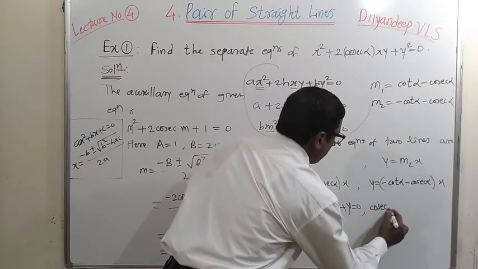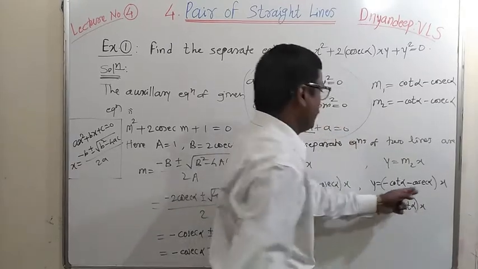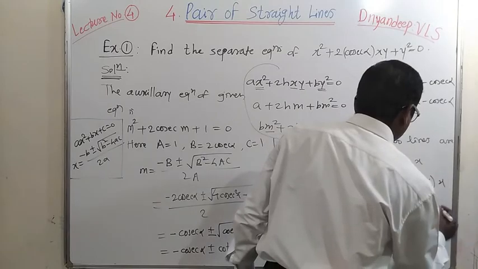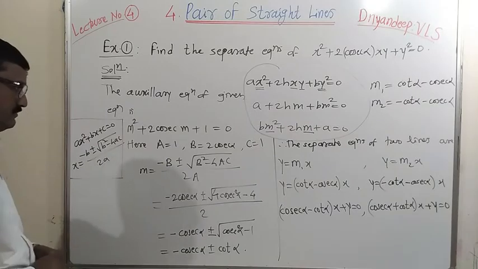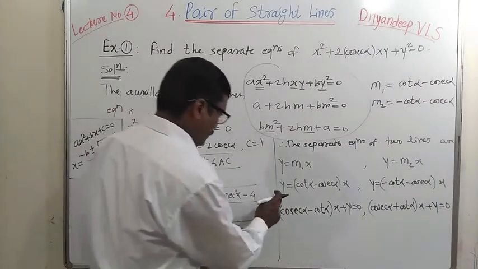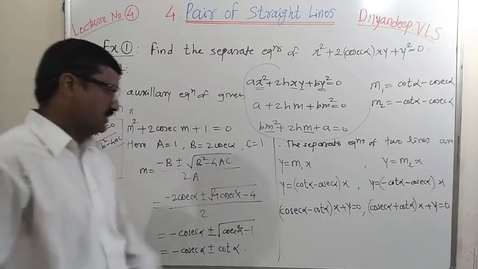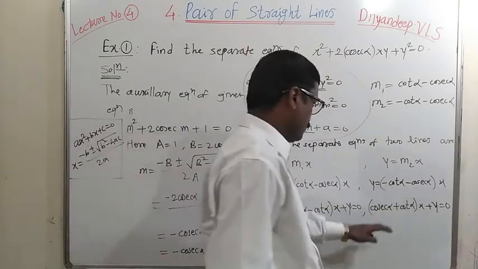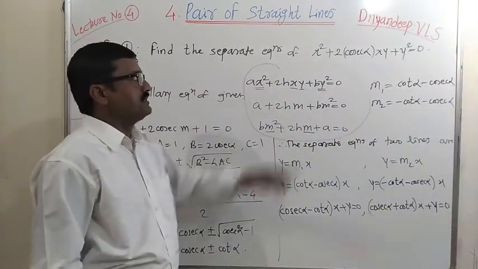So cosec alpha plus cot alpha out of bracket x, we are taking this to the left, so this is positive, plus y equal to 0. So these are the separate equations of this equation.